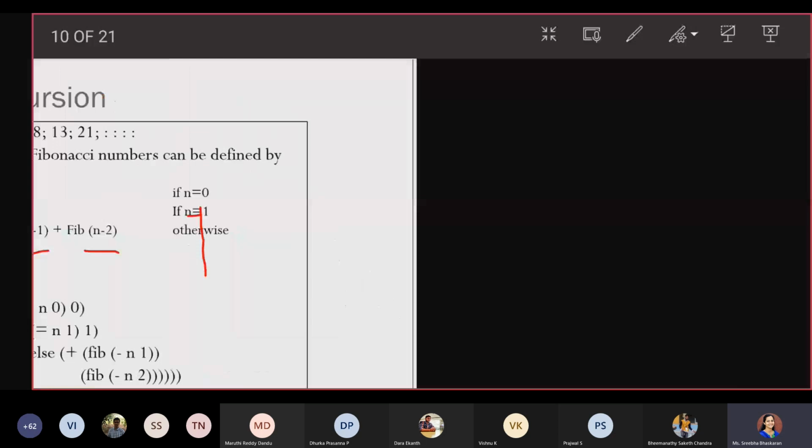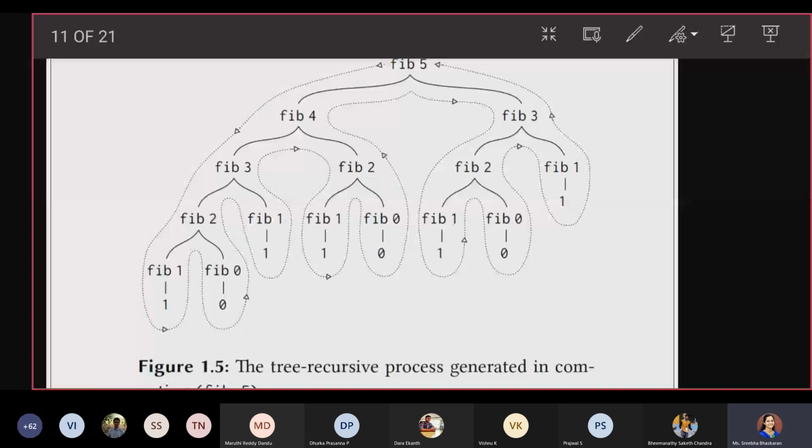Next we call 5 minus 2, which is 3. The execution always happens from left to right. So first you execute fib of 4, which is not 0 or 1, so again it reaches the else part. Again you have fib of 4 minus 1, which is 3, and fib of 4 minus 2, which is 2.